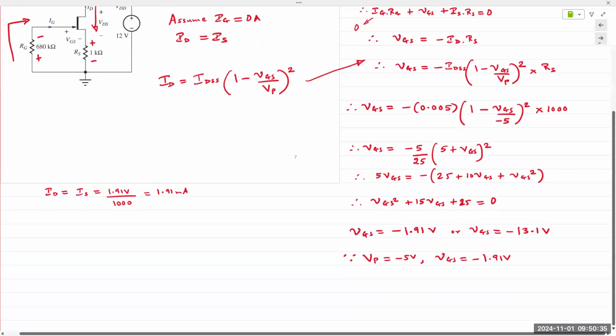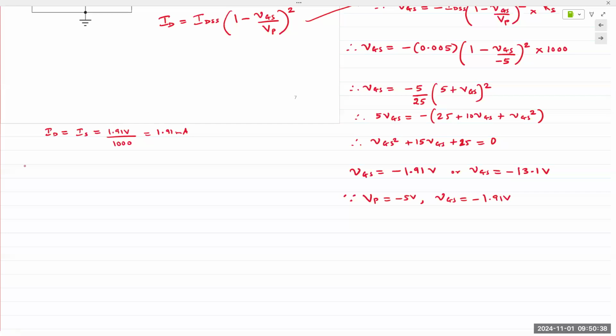So let's apply KVL at the output loop, because we need to find VDS. And so we can now write an expression. We have 4 voltages. VDD is being split across the drain resistance, the source resistance, and then of course we have VDS. So we have drain resistance VRD, we have VDS, and we have VRS.